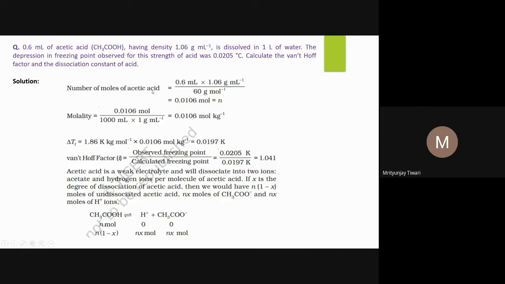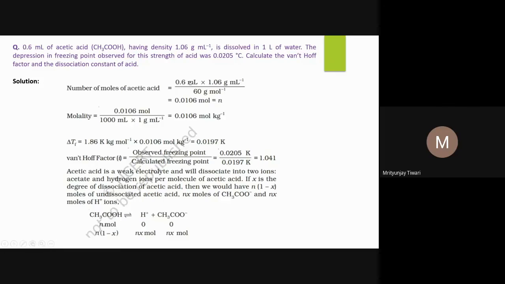So the number of moles of acetic acid is equal to the mass of acetic acid divided by the molar mass of acetic acid. The molar mass of acetic acid is 60, which you can obtain from the molecular formula. The mass of acetic acid in gram, how do you calculate?